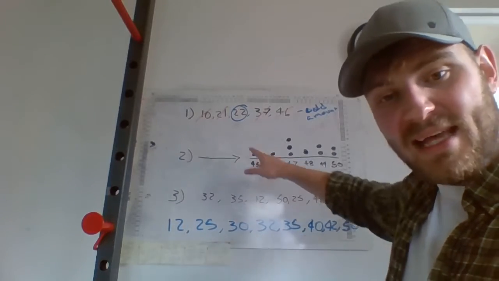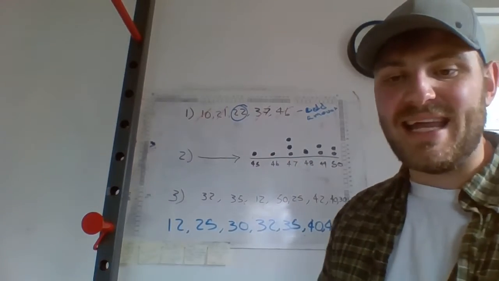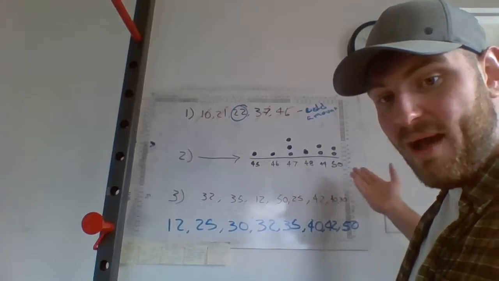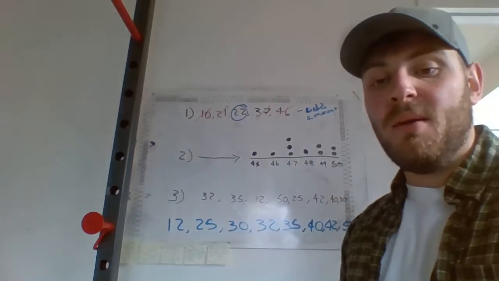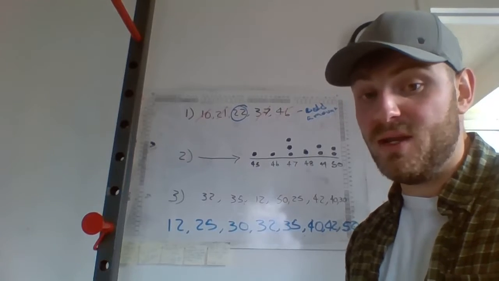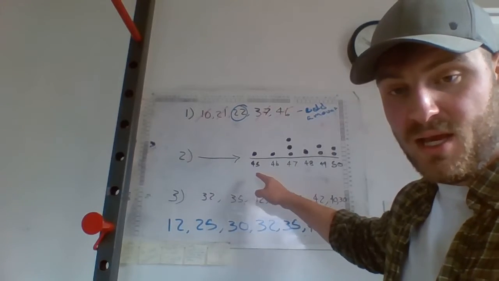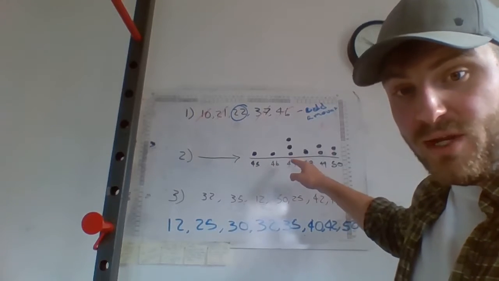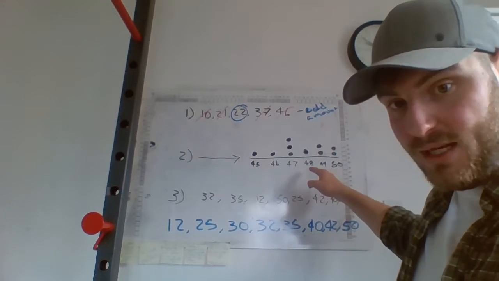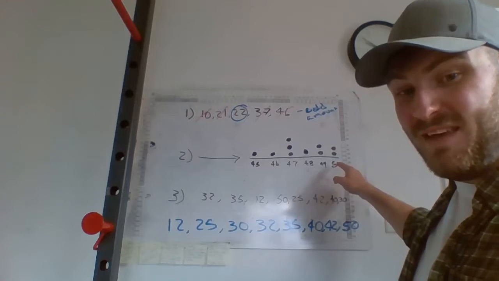Number 2 has a data set. However, the data set is in a graph already. Now, this dot plot graph has the data set already in order from smallest to greatest. It goes like this: 45, 46, 47, 47, 47, 48, 49, 49, 50, 50.